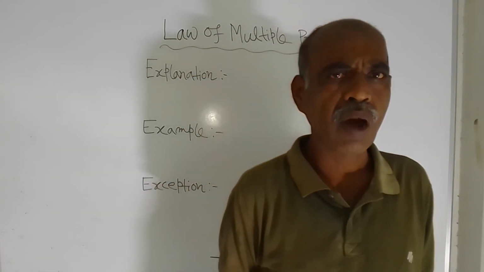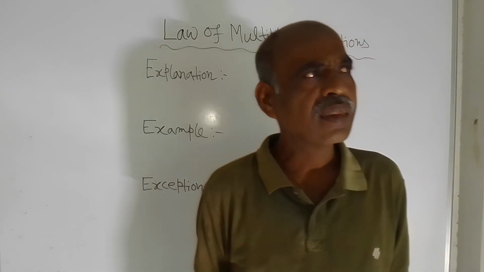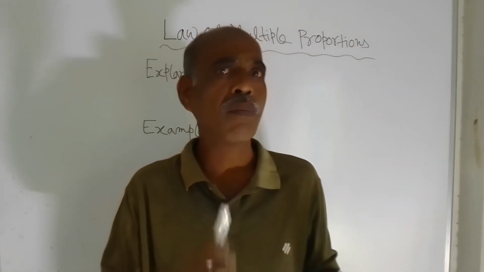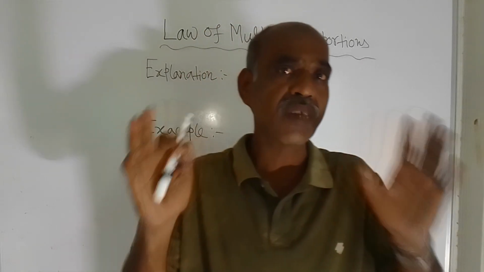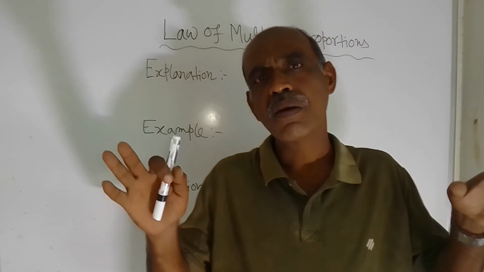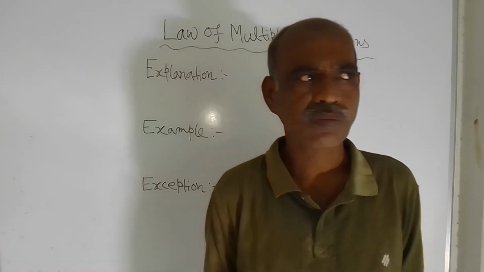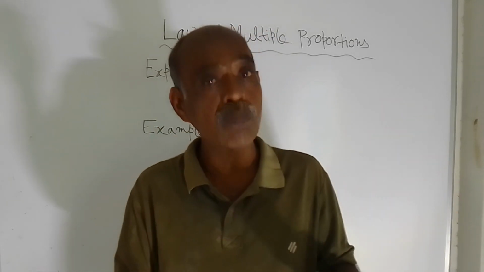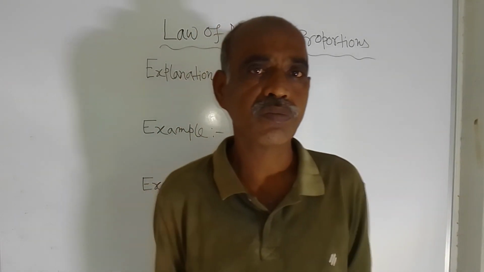If two or more compounds, then the different masses of one element which combine with a fixed mass of the other bear a simple ratio, not constant ratio, bear a simple ratio. Okay.